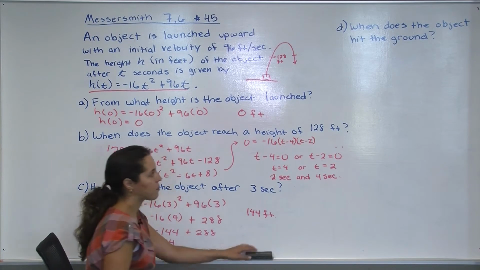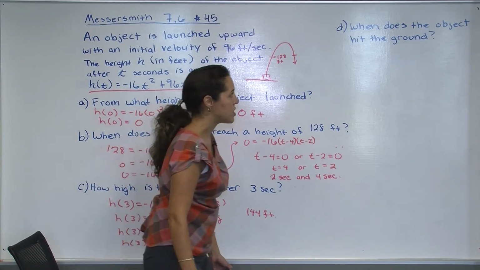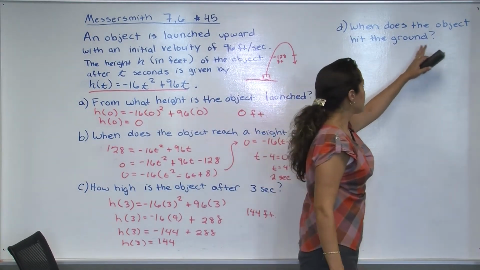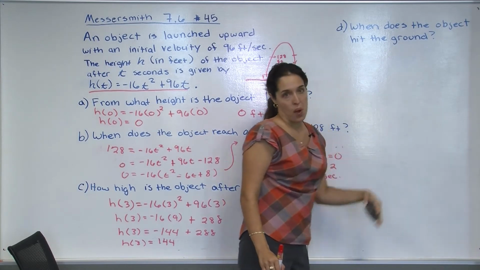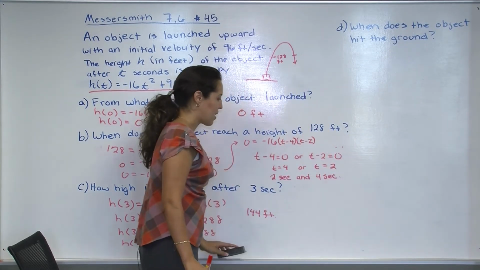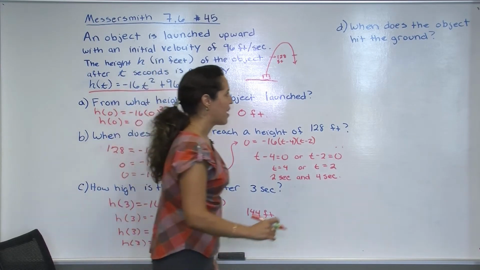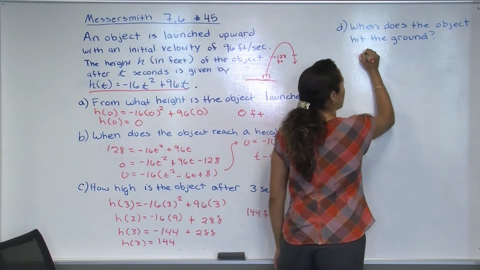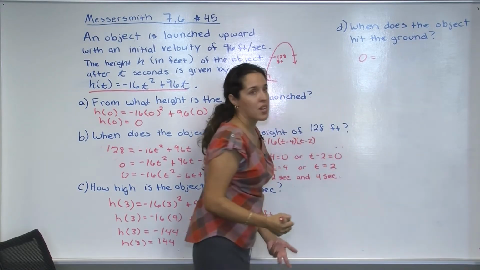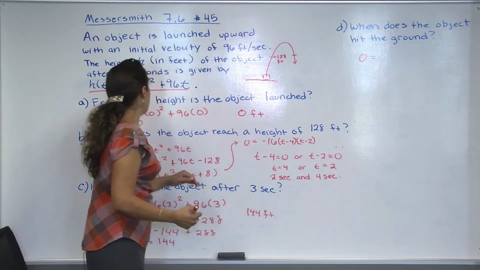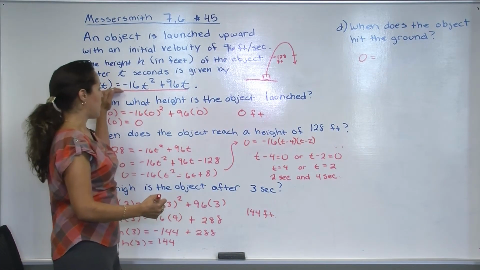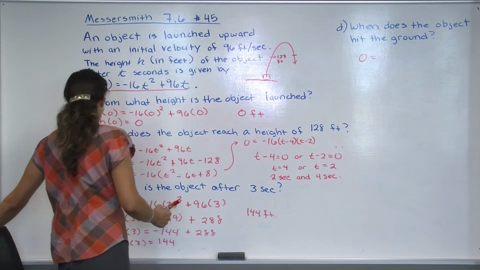All right. Now for our final question, it says, when does the object hit the ground? So now they're asking us when the object is at 0 again, at a height of 0, what time are we talking about? So in goes 0 for h of t into our function.